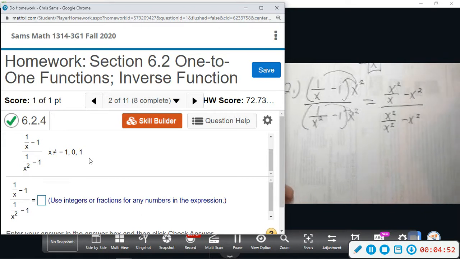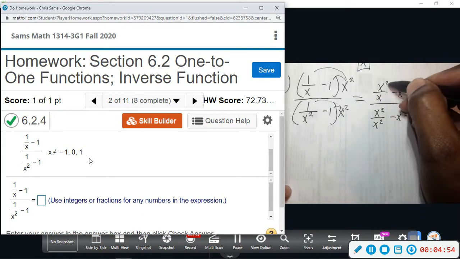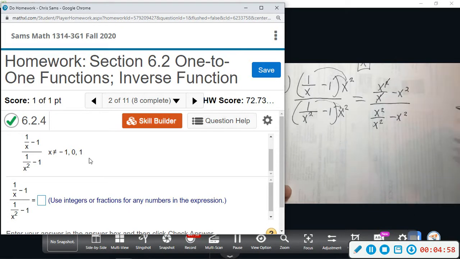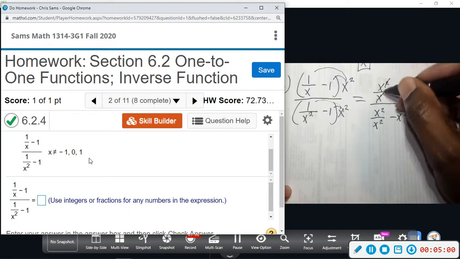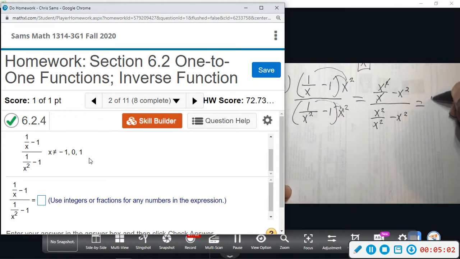This simplifies. One of these x's will divide out, so on the top we're just left with 1x minus x squared. On the bottom, x squared divided by x squared is 1, so we're left with 1 minus x squared.